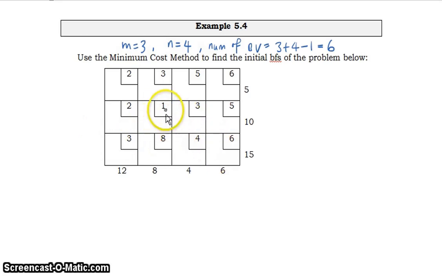Here x22 has the smallest cost. Therefore, the value of x22 is the minimum between 10 and 8.